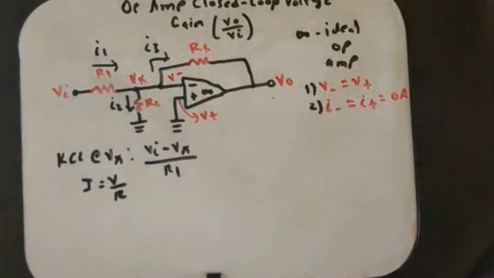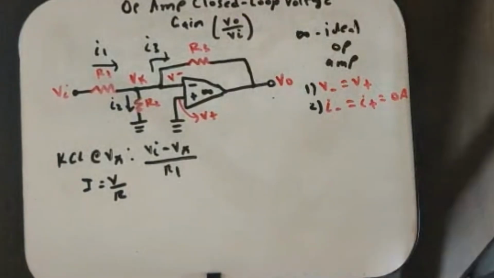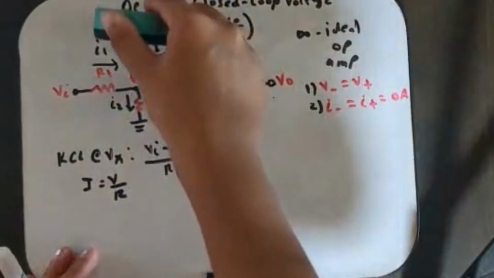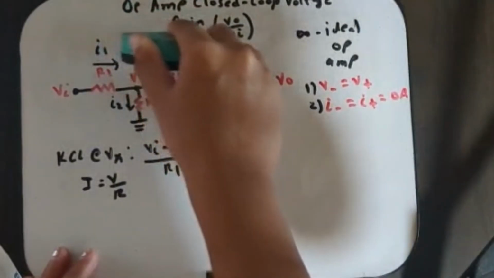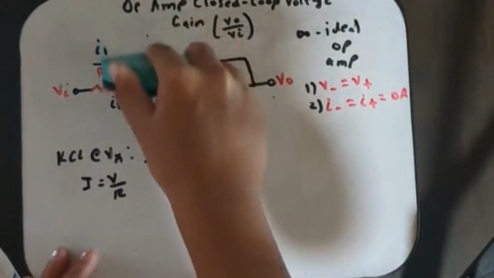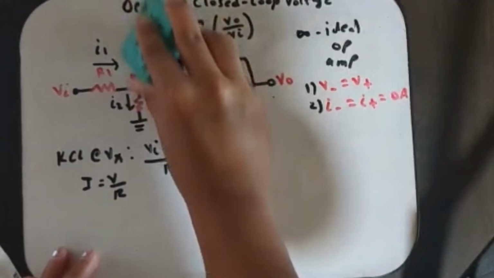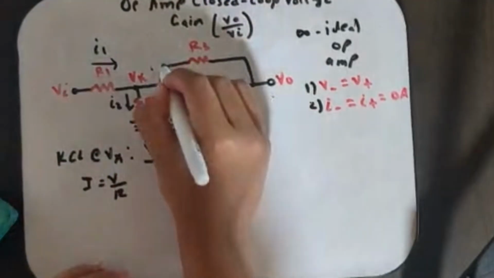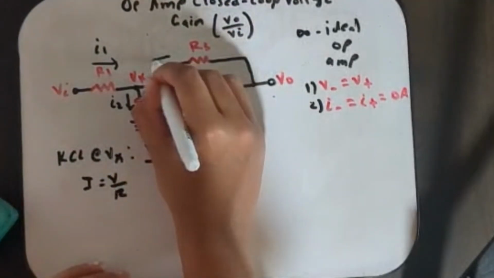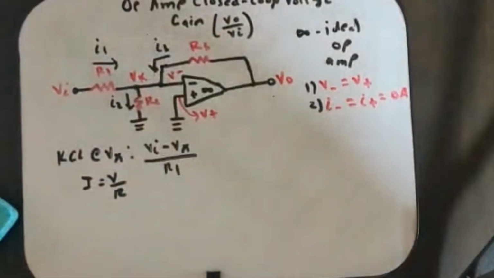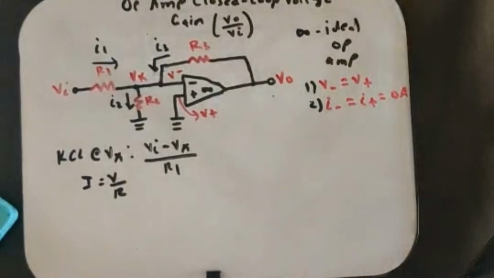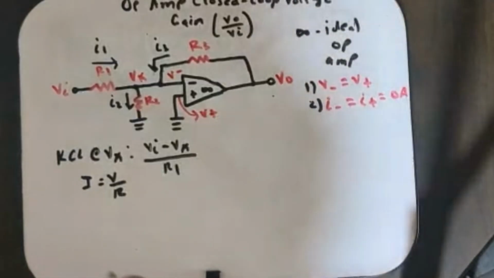Next, let's assume that I3 is going in the opposite direction, because that'll make it easier. So we'll say I3 is like this.